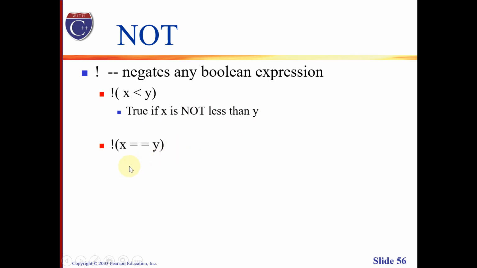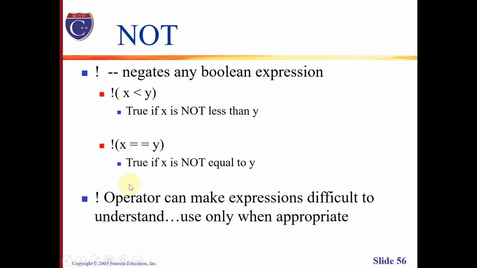Then here's another example. True if x is not equal to y. The NOT operator can make expressions difficult to understand. Therefore, we can only use it when appropriate. As you can see, this is quite confusing. Therefore, we just have to use it if it's really necessary.